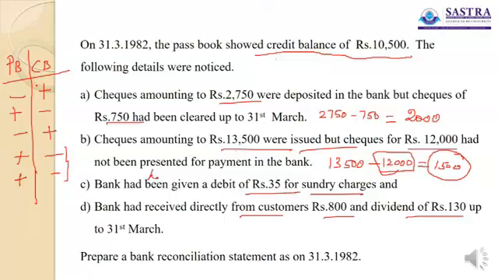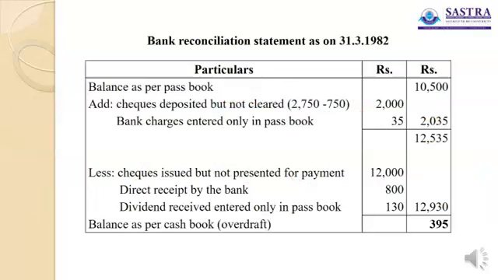But what we need to mind is that this is a favorable balance, so we need to arrive at either the favorable balance of the cash book or the passbook. We shall go here.